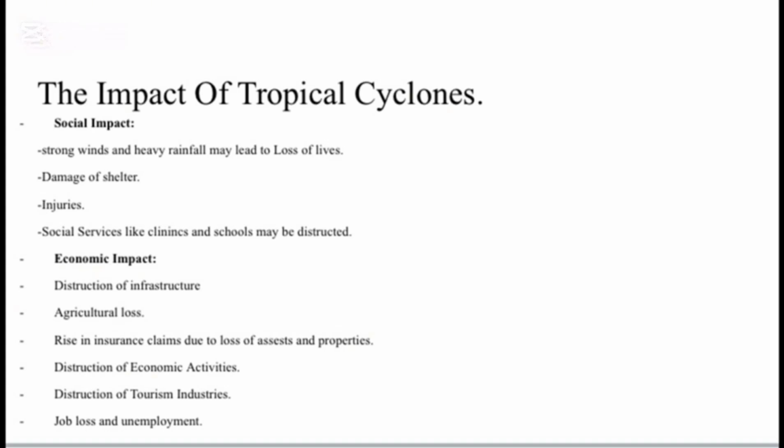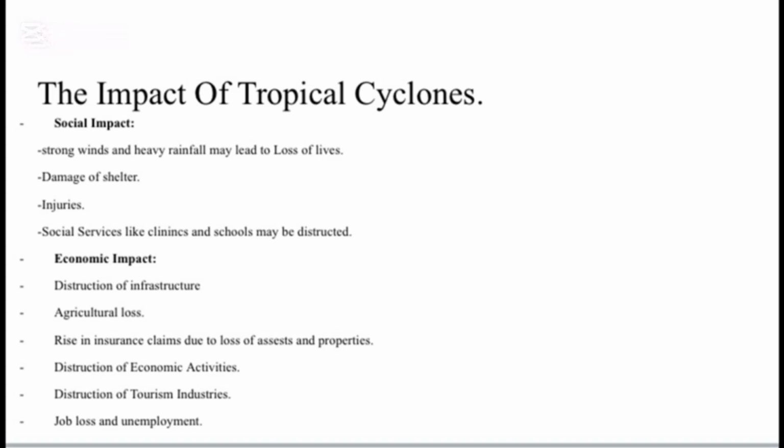Damage of shelter, social services like clinics and schools may be destroyed. We also have the economic impact, whereby there is destruction of infrastructure, agricultural loss, rise in insurance claims due to loss of assets and properties, destruction of economic activities, destruction of tourism industries, job loss and unemployment.